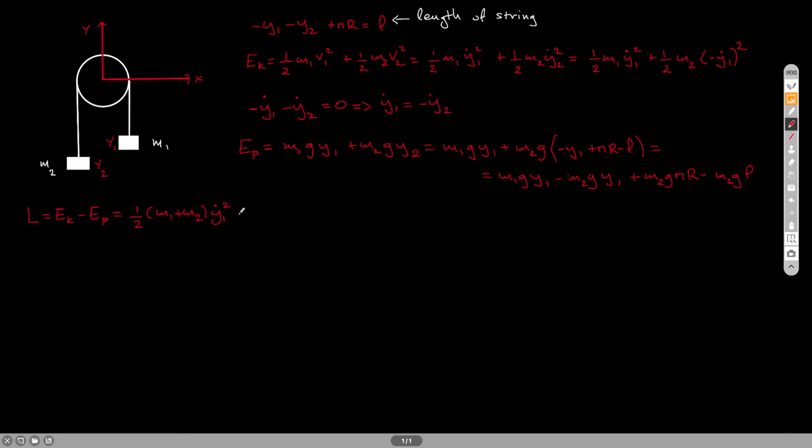Minus the potential energy, so it will be minus m1 g y1 plus m2 g y1, I could combine those two, but anyway, minus m2 g, how about I just leave it as pi r, minus L. No, that needs to be a minus.